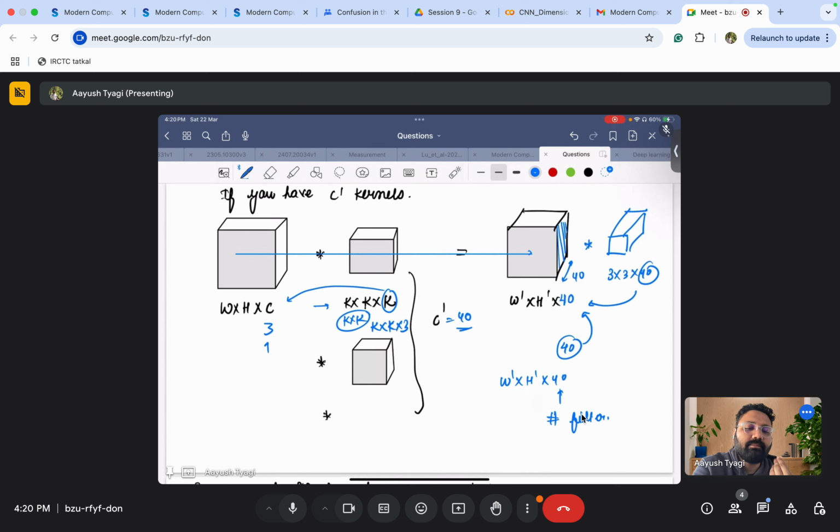Now when we move to the second layer, you will convolve with 3 cross 3 cross 40, then you will get an output of w double dash cross h double dash cross 1, because you convolved with only one filter. You get it, right? It will be based on your padding and the stride.